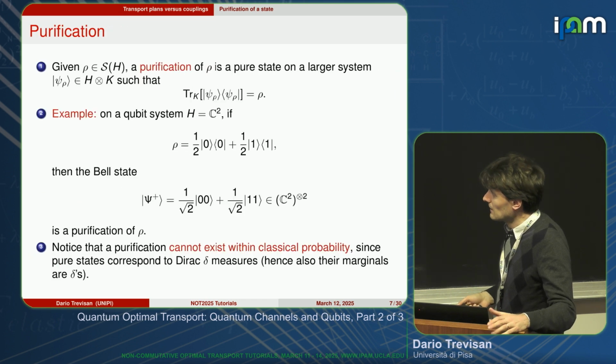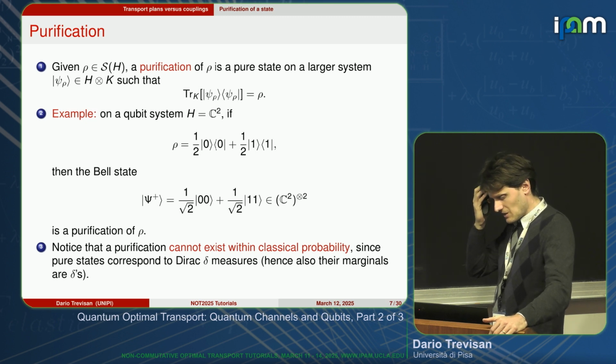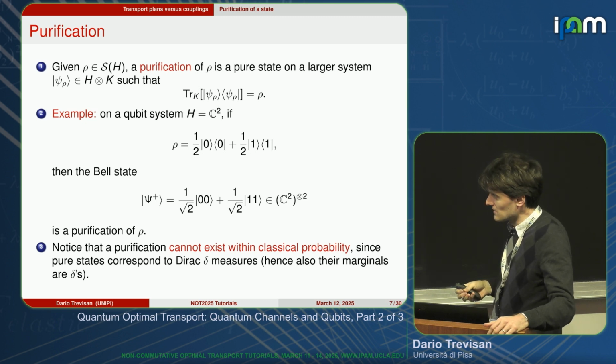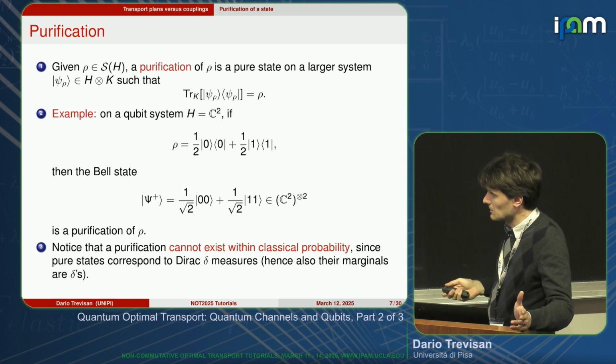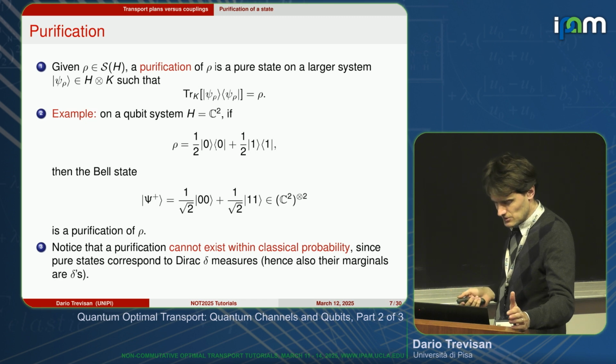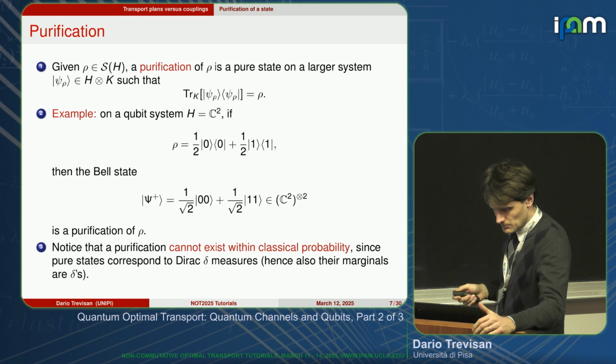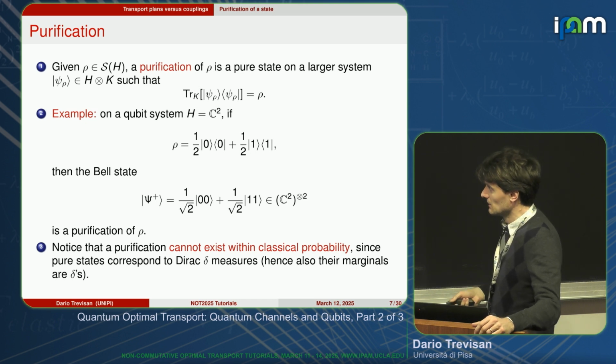And now we're finally at the key construction, which is very interesting, and I think it shows that something in the quantum case can be done that classically cannot be done. This is the so-called purification of a state. Given a state rho, what is the purification? I think purification is a concept that goes back to Schrödinger. It's a very old idea.